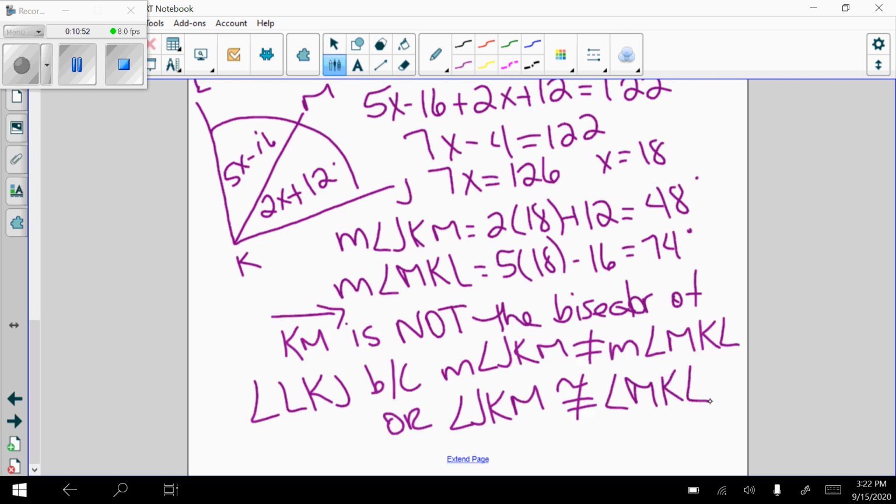If I had gotten that they were both the same thing, then my answer would have been yes, it is a bisector. So that's all that you do in order to find out if you have an angle bisector.